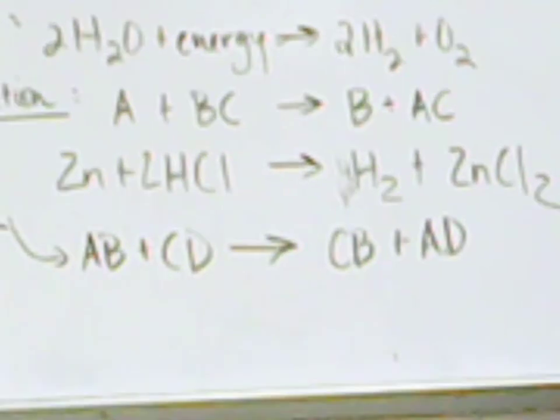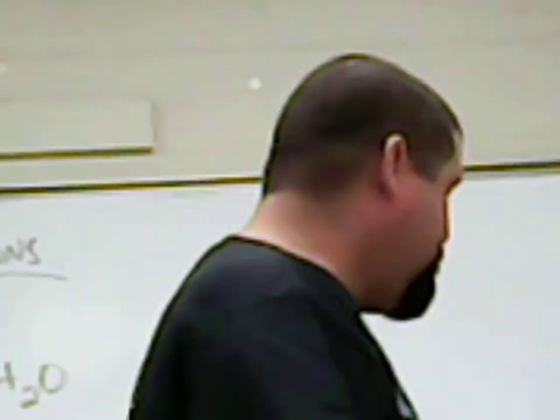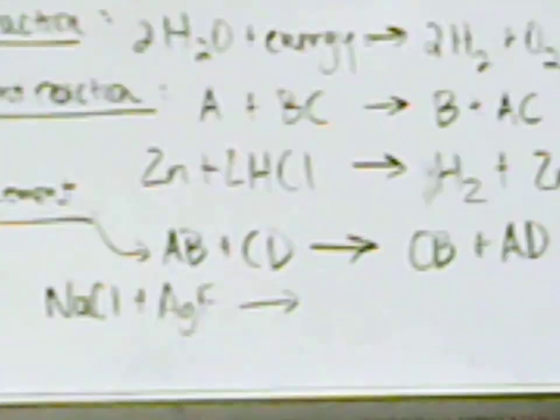We're using sodium chloride and silver fluoride here. When you combine these two ionic compounds, they're going to swap partners, and the sodium will couple up with fluorine.